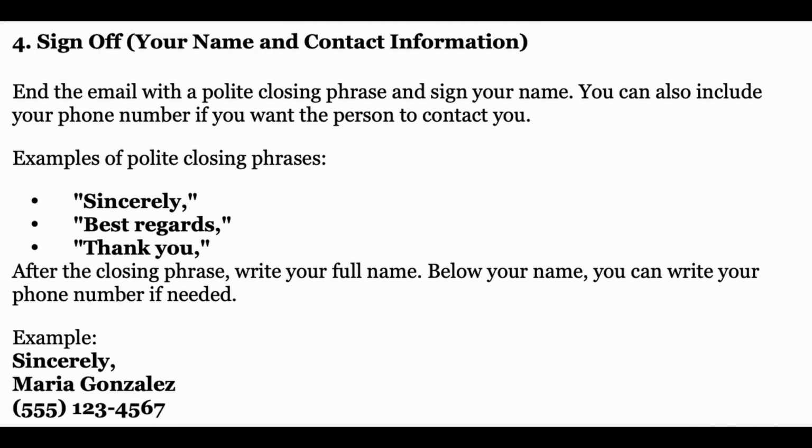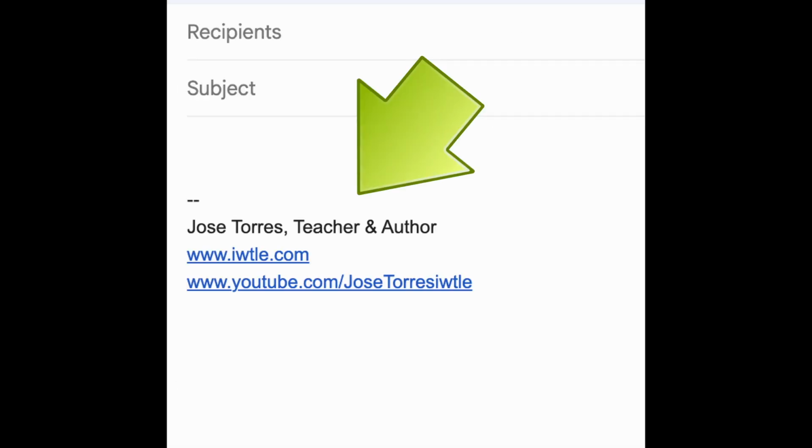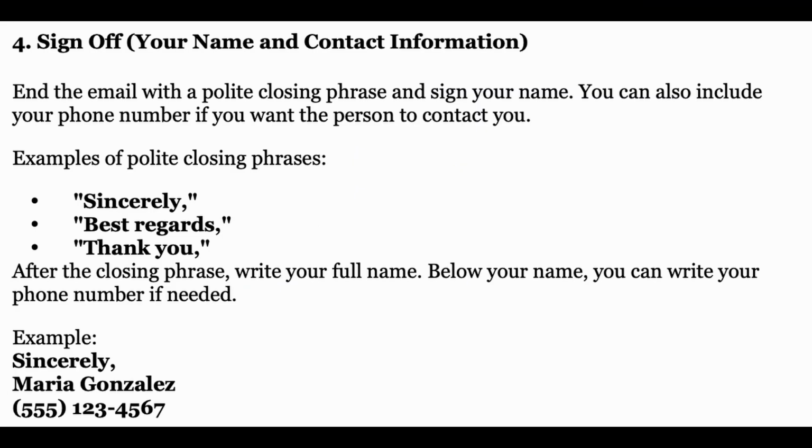Number 4, sign off. Here you basically end your email with a closing phrase and your name. Some people use a custom signature, but a lot of people simply type their name and other information like a phone number or other information they want the recipient to have.